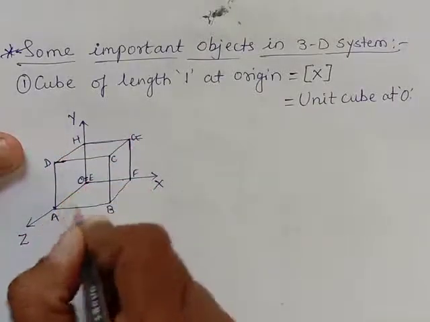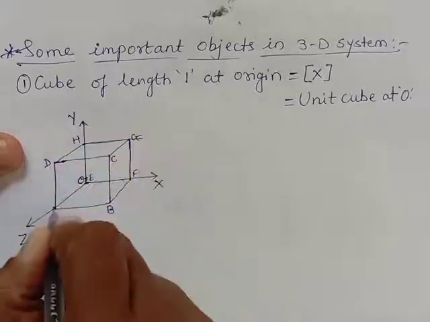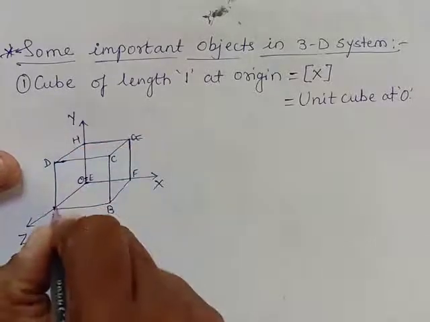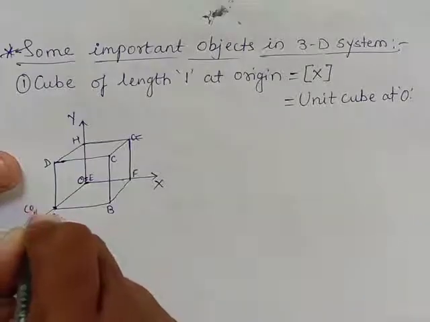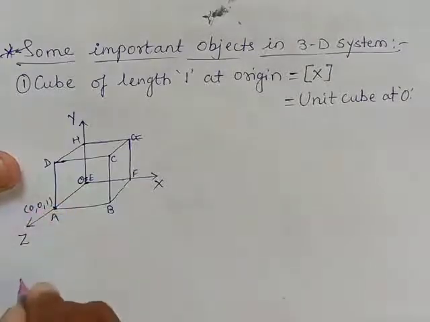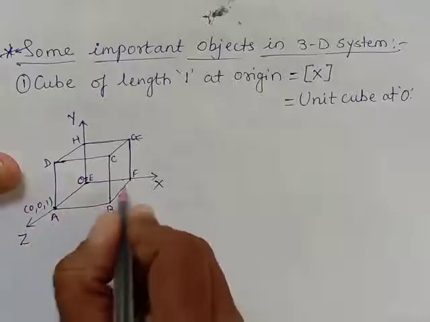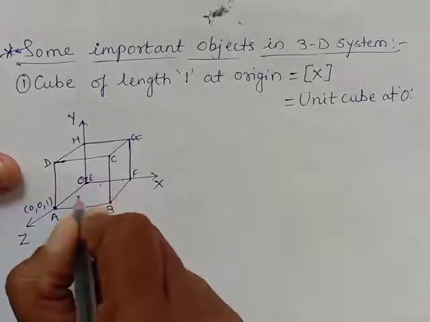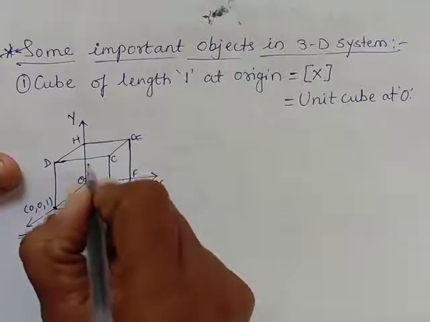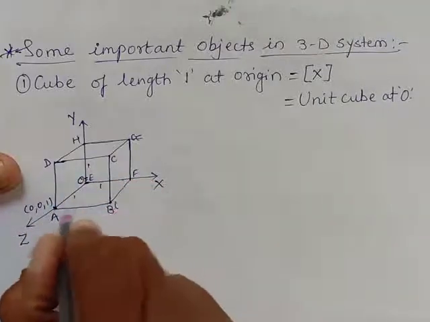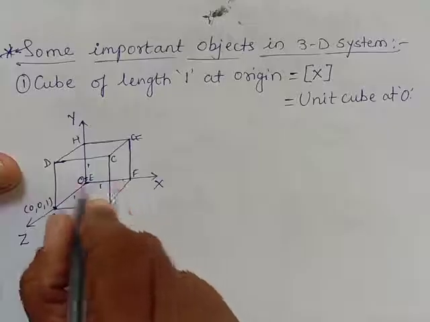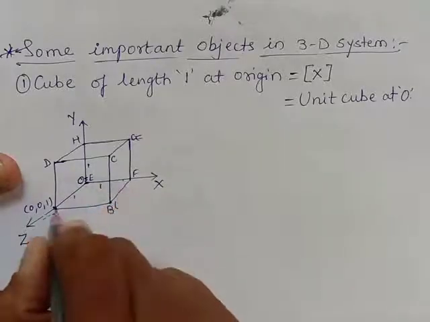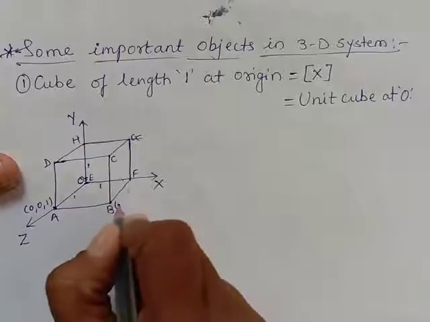Now this point is on the z-axis, so its coordinates are 0, 0, 1, right? If this point B is on the xz plane, this length is 1, so this length is also 1. Look, this is parallel, right? This is on the xz plane, so here y is 0.